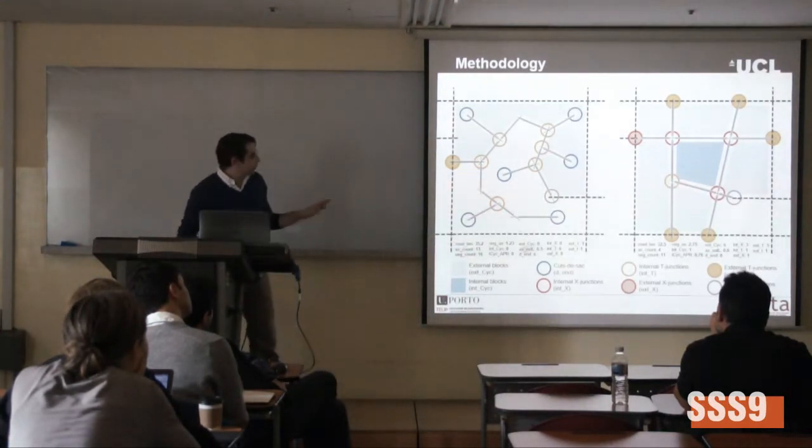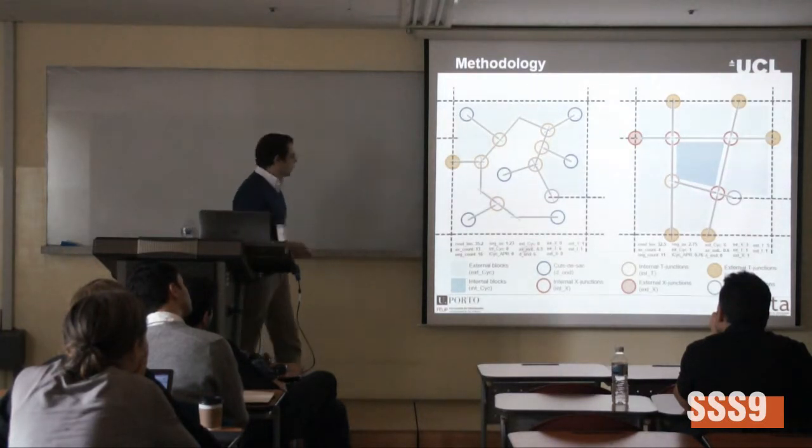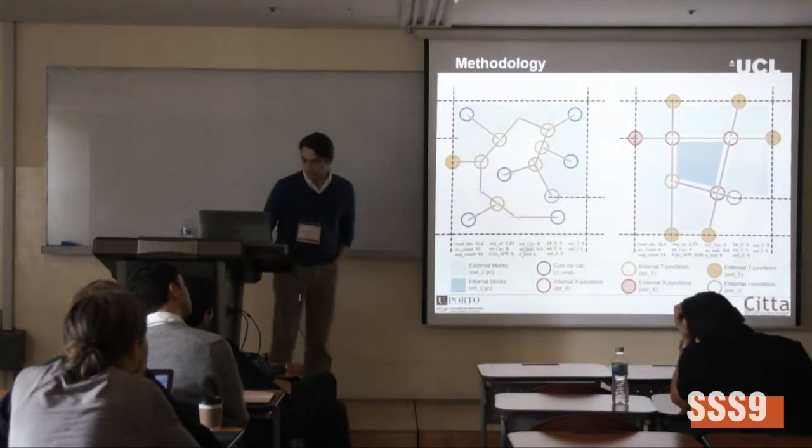So this was the raw data, and over this I've still calculated some ratios. For instance, the number of segments over the number of actual lines, the area perimeter ratio of internal blocks, and so on.